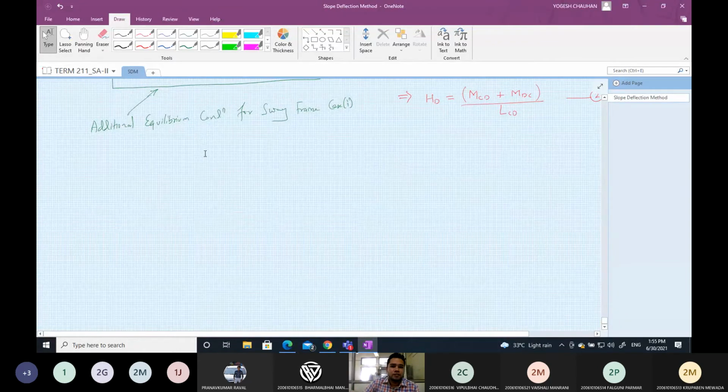We have to take the summation of all the horizontal forces equals to 0, and we formulate all the horizontal forces in terms of moments at different joints. Case 2.